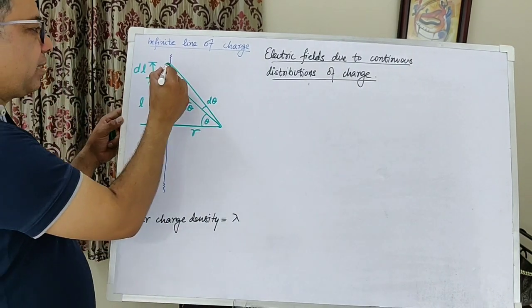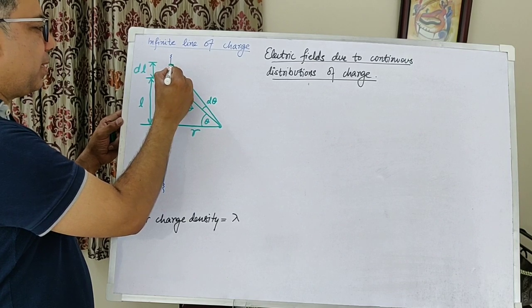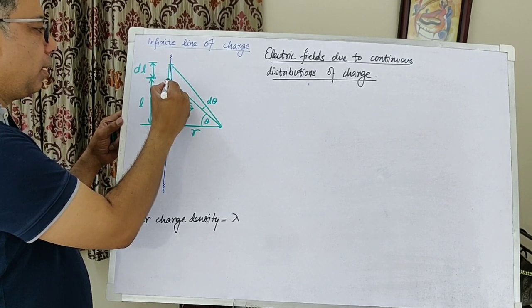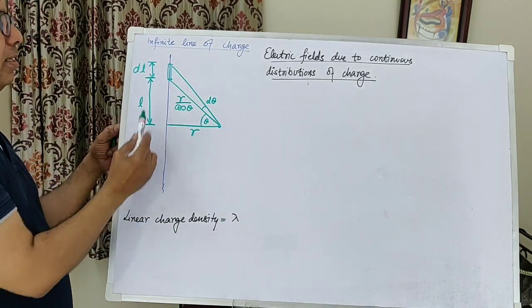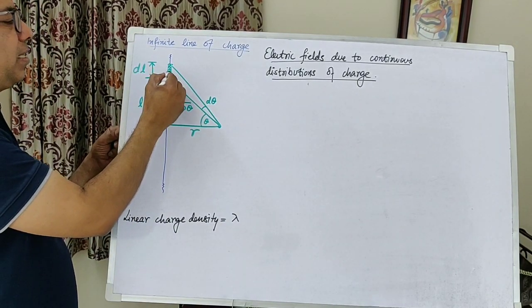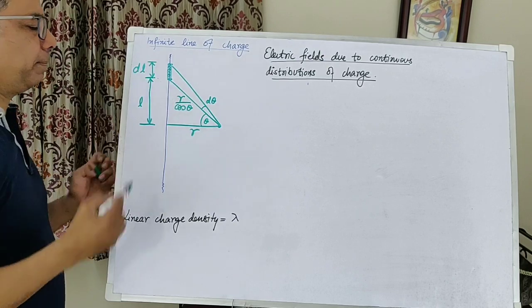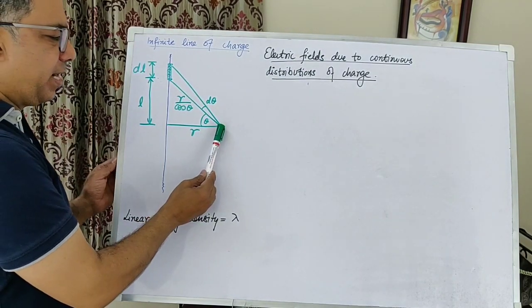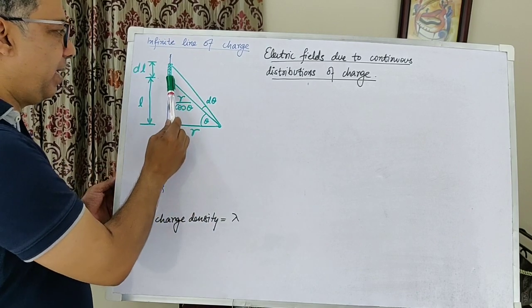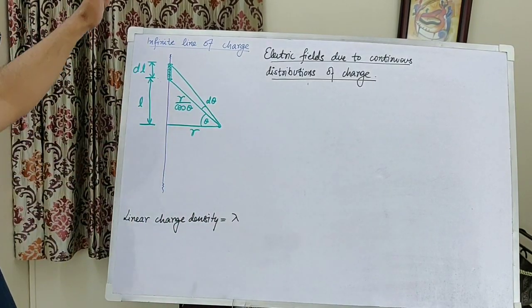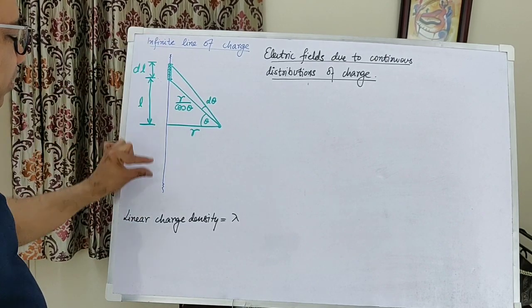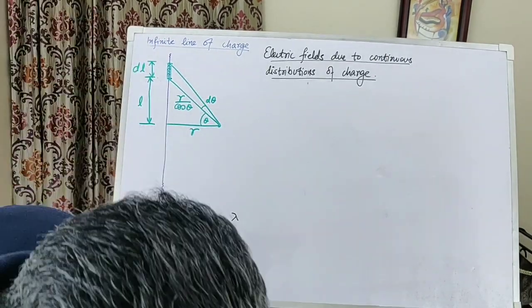Now we are looking at this little element here, which as per the diagram has a length dl. We will be calculating the electric field at this point due to this dl, and then we do a summation of all the electric fields due to all such elements on the line of charge.